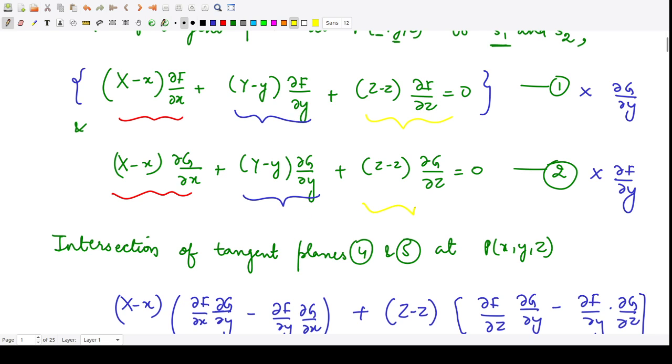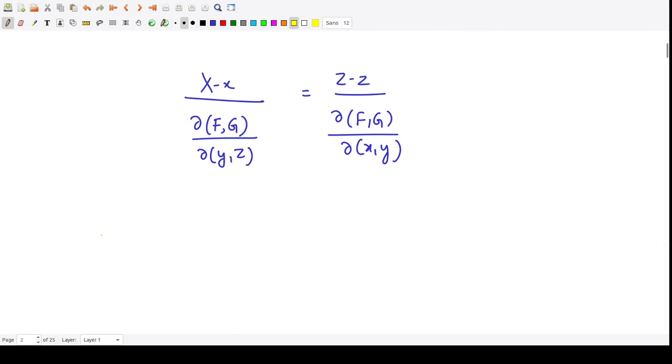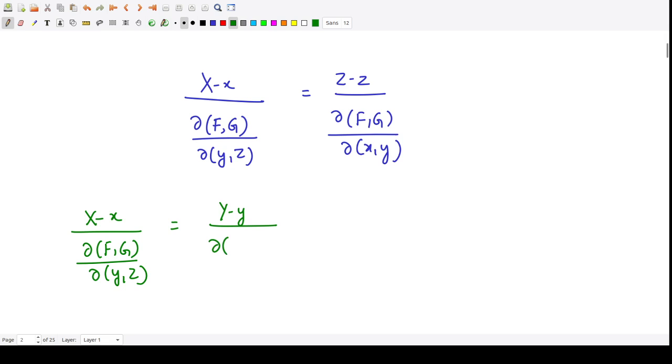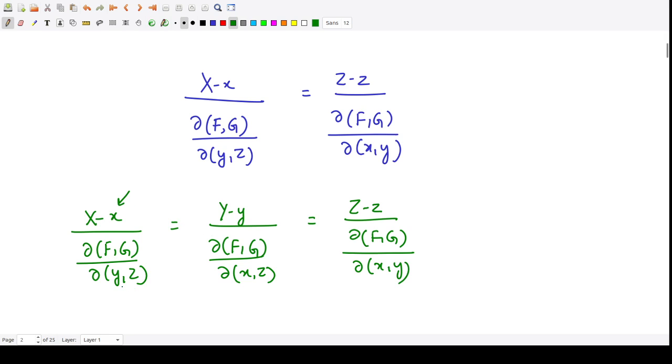So all in all, when you do all these calculations, you will have the final equation as (x − X) divided by the Jacobian of f comma g divided by del of yz, that is equal to (y − Y) divided by the Jacobian of the surfaces f and g with respect to x and z, and here this would be (z − Z) divided by the Jacobian of the surfaces f and g with respect to x and y. So when you have the x factor, there is no x factor here. When you have the y factor, there is no y factor here, and when you have the z factor, there is no z factor here.